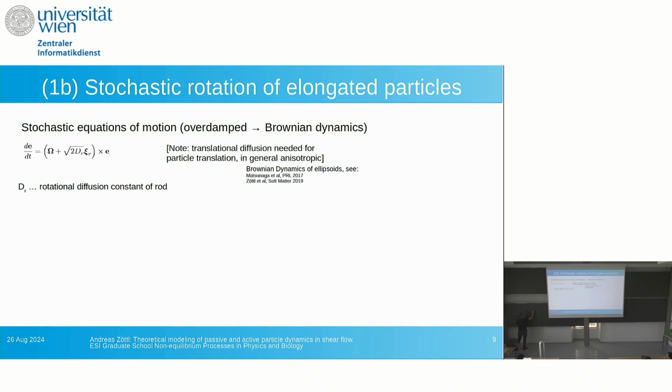It's kBT divided by the rotational friction gamma r. For a sphere, this gamma r is given by 8 pi times the radius of the sphere cubed times the viscosity of the fluid, eta, let's say.